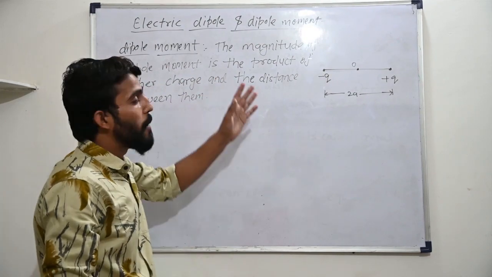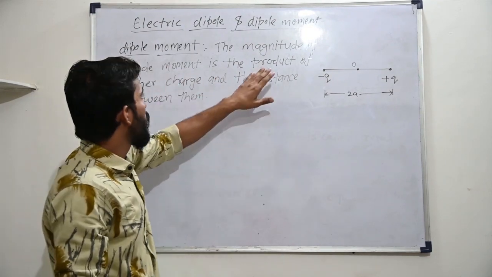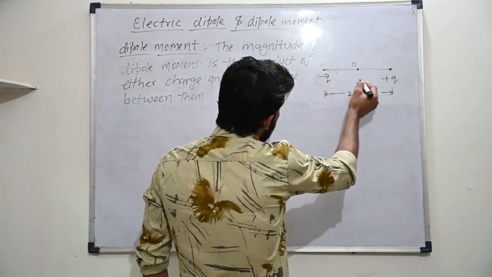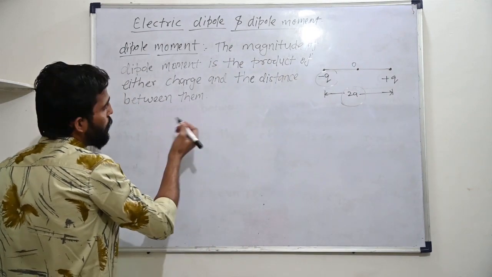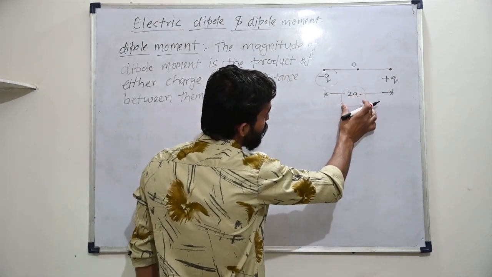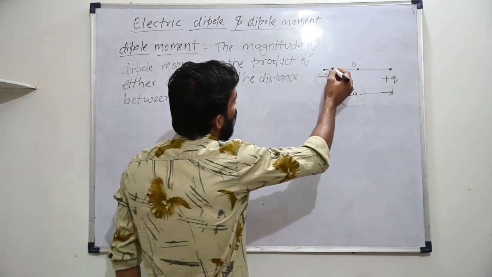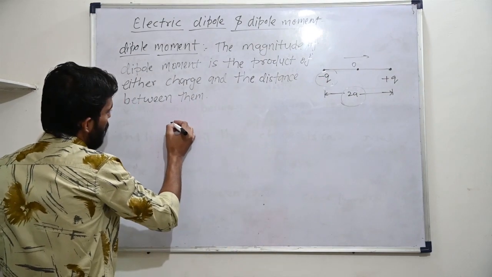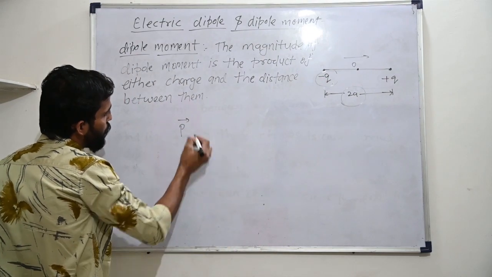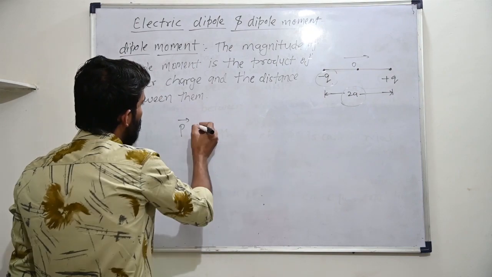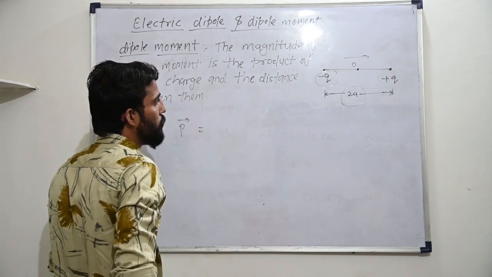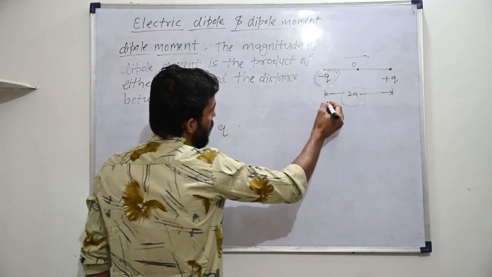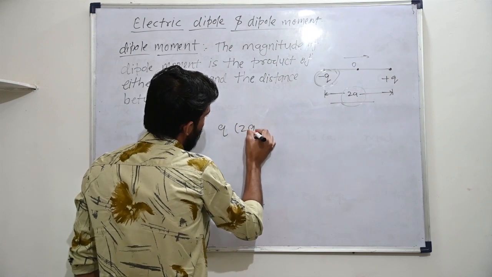Dipole moment. The magnitude of dipole moment is the product of either charge and the distance between them. So if we consider the distance between the two charges is 2a, and the direction of the dipole moment is from minus q to plus q, then we denote dipole moment with p, and p equals either charge q times the distance between the charges 2a.